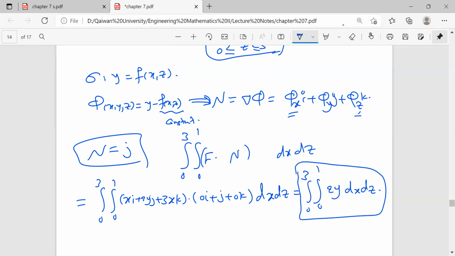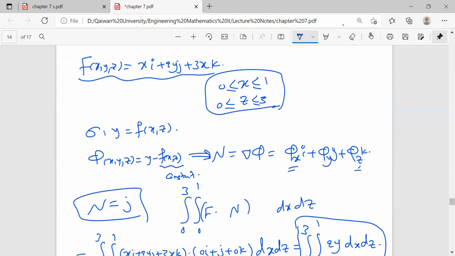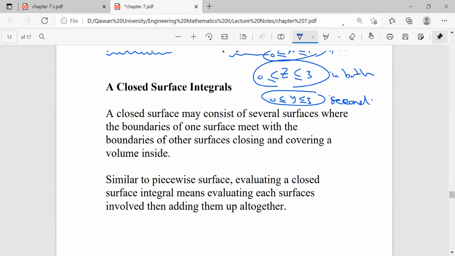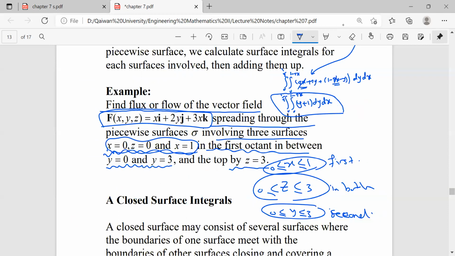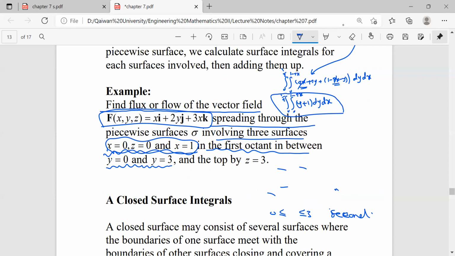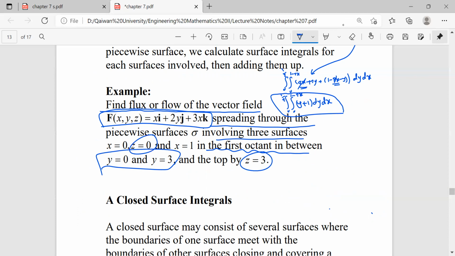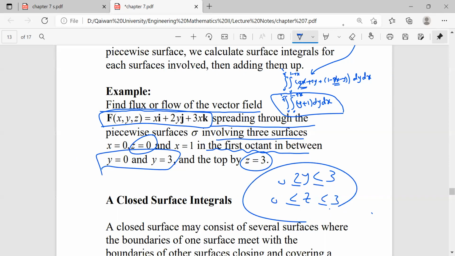This is for the first part. Then for the second part, we find the same, and then we find both double integrations to get the result, the sum of them. Here it says in the second one, we have given that y is from 0 to 3. But we already know that z is from 0 to 3. So y is from 0 to 3 and z is from 0 to 3. Here we have no x.